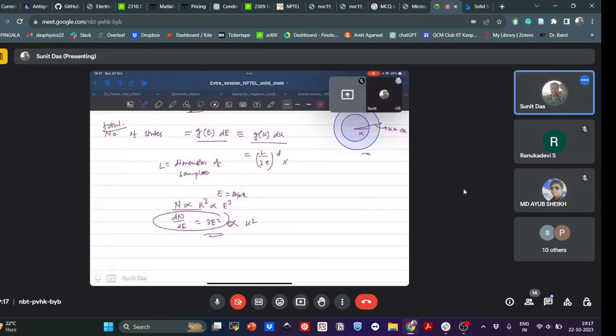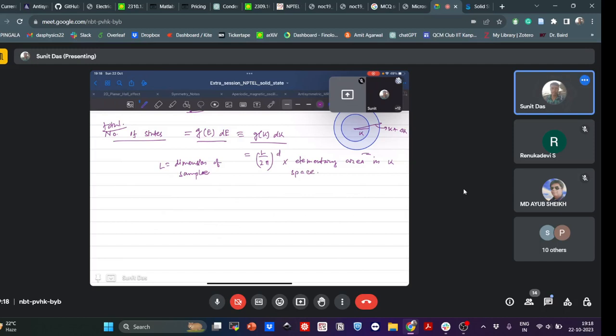Not really. Let me find out, and if you have any doubt, ask me. The generic expression to find the number of states is (L/2π)^d times the elementary area in K space.